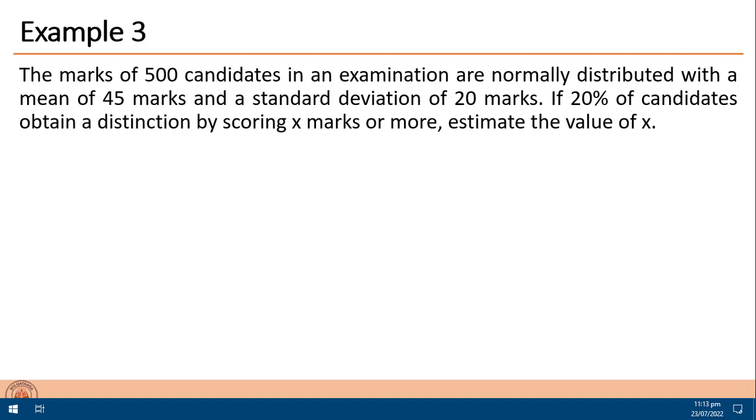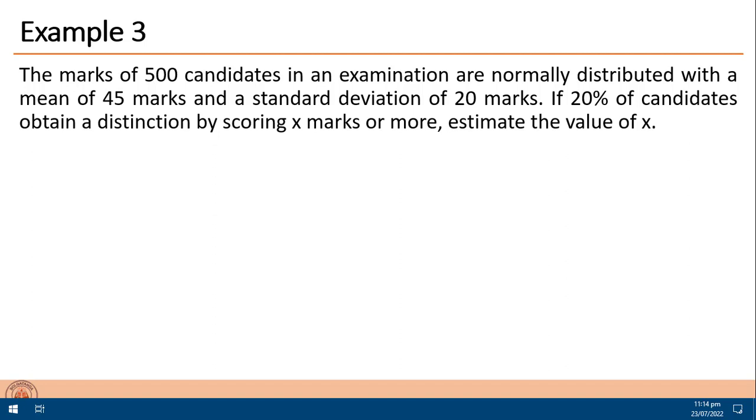So if 20% of the candidates obtain a distinction by scoring X marks or more, estimate the value of X. So this is a little bit different from what we worked in the last video.